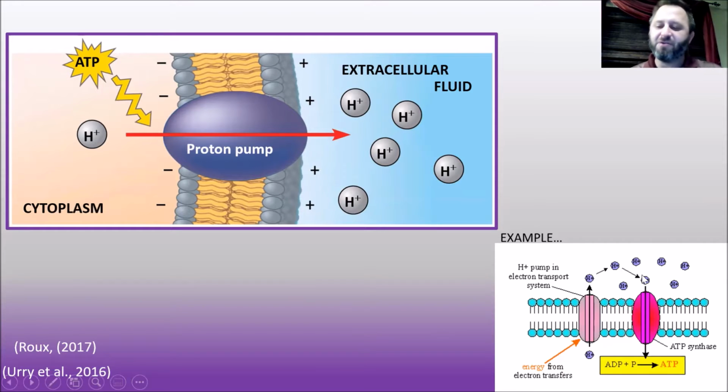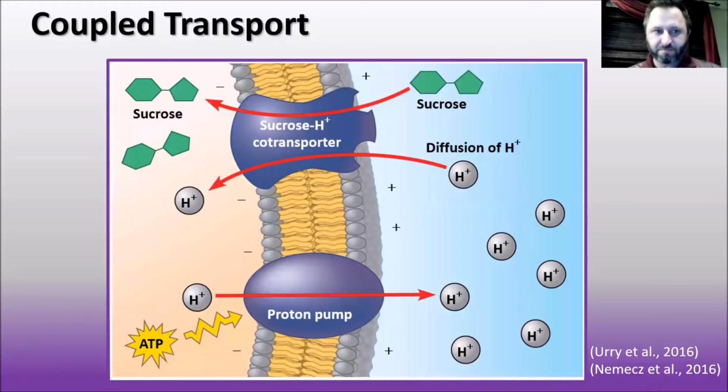And as those diffuse through that enzyme, that ATP synthase, which is a transmembrane protein, energy is transferred, and we phosphorylate an ADP into an ATP, and then we have more ATP charge. This is the part of the electron transport chain that occurs inside of that mitochondria.